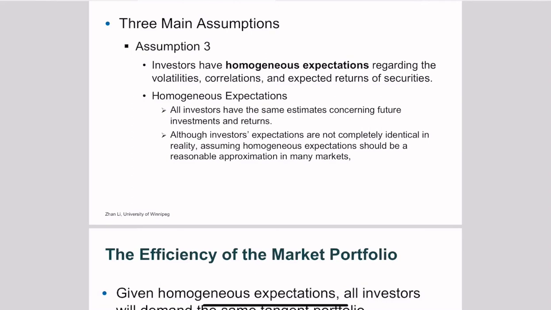It basically says that generally, investors will look at the past history to think about the future. And generally, past histories are roughly the same for all investors. So investors should roughly have the same expectation about the future. Obviously, this is not entirely true, but this assumption helps us to get our result.